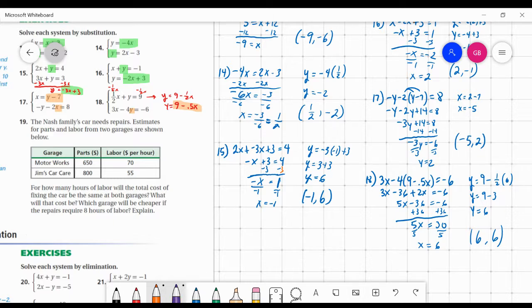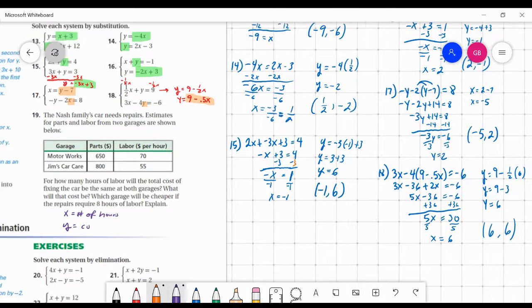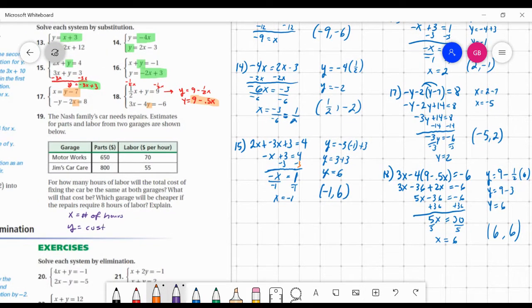So first, let's name the variables. Okay, x is going to be the number of hours, and y is going to be the cost. That's what x and y stand for.